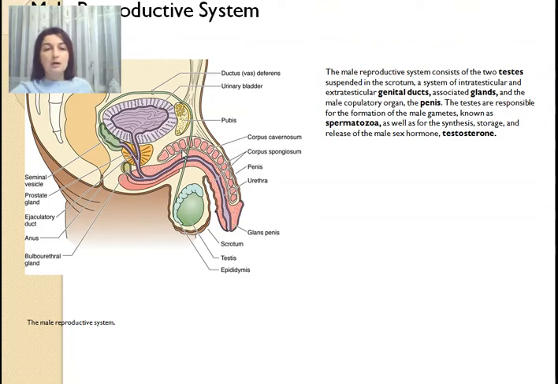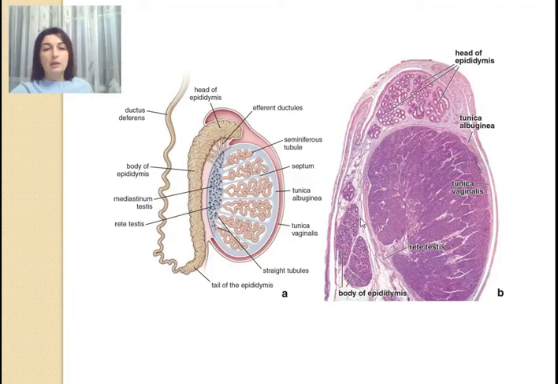If we are talking about the internal structure of the testis, as we see here, the lobules of the testis contain seminiferous tubules which continue into the tubuli recti. These are straight tubules that join the rete testis, which is inside the mediastinum testis.